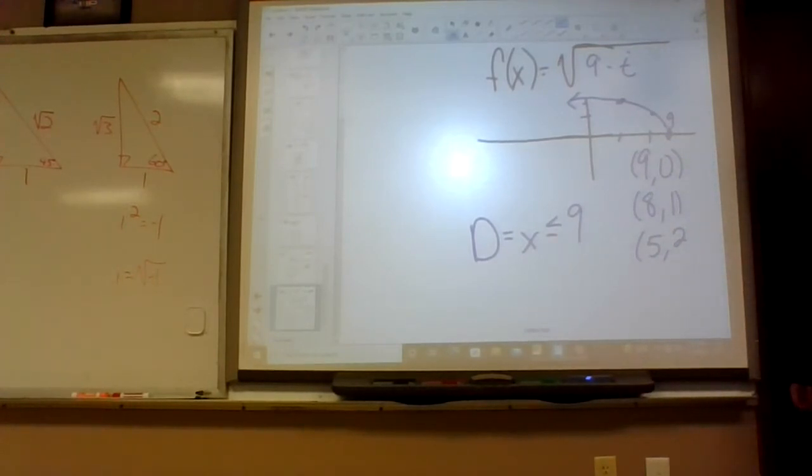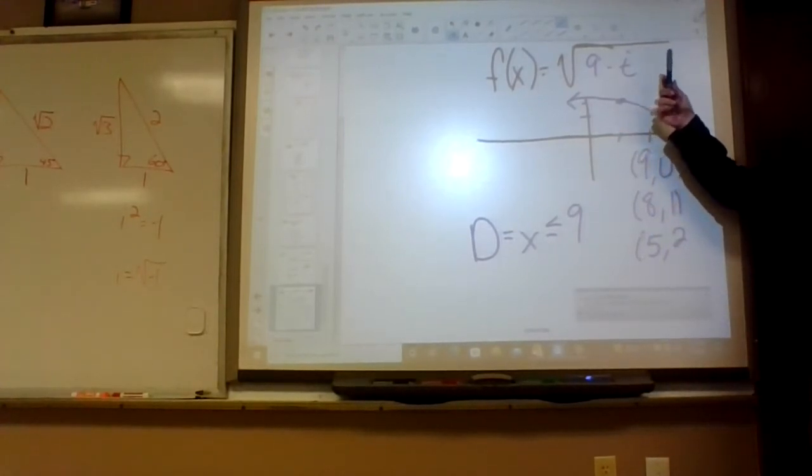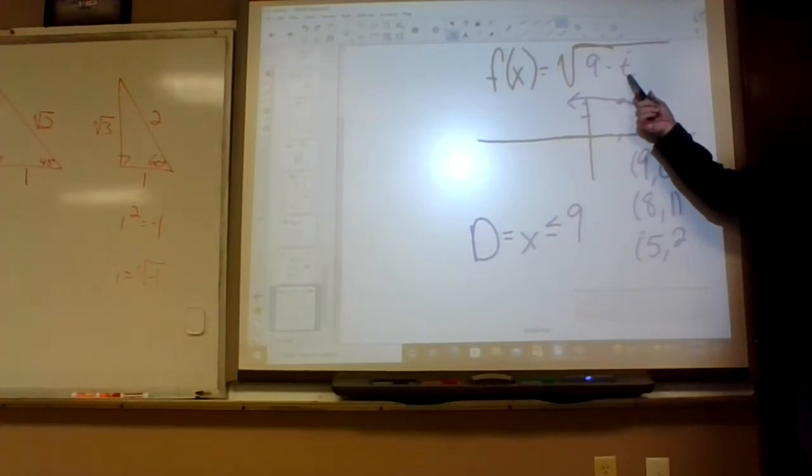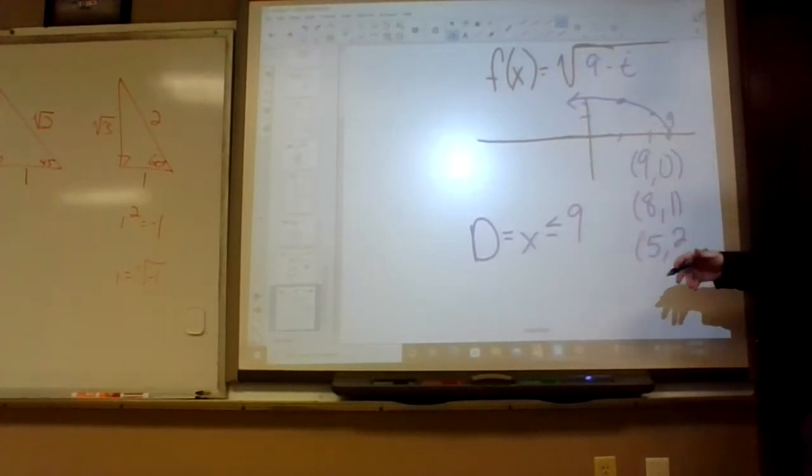And then range is all real numbers, right? Why can't I use 10 for the domain? Why does 10 not work? Because 9 minus 10 is negative 1, and what's the square root of negative 1? Imaginary. So it doesn't work.